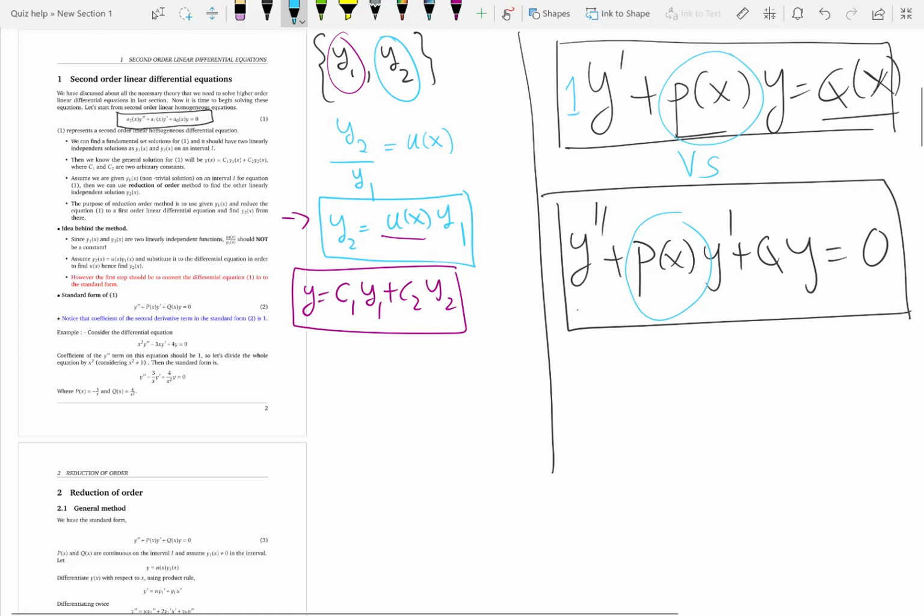In a second order differential equation, being in standard form means you need the coefficient of y double prime to be 1. That means the leading coefficient should be 1. This is what it means to be in standard form for second order linear differential equations. Good. So let's do an example and wrap it up.